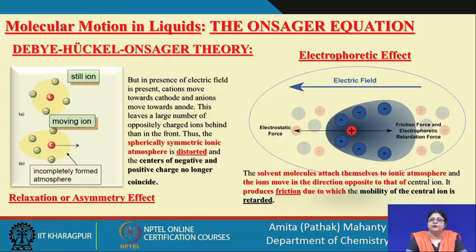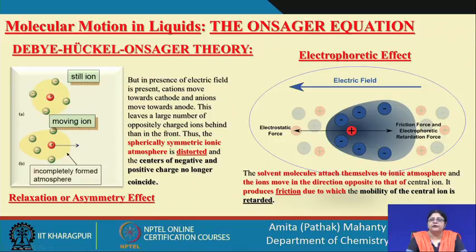also in the process will have the solvent molecules attached to it, and these solvent molecules will give rise to a viscous drag. This viscous drag, which is operative on this ion, which is supposed to be moving under the electric field towards the respective electrode, will now be reduced.